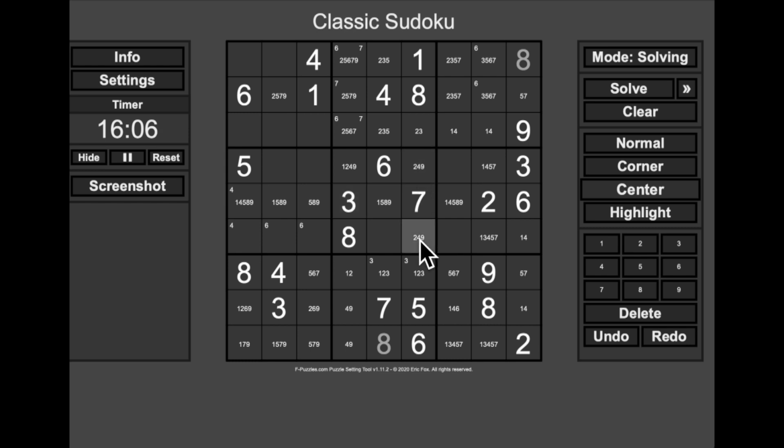So that's a 2, 4, 9. That's a 2, 4, 9. Okay, I've now locked. Let's see. A 3 has to be. Yeah, the 3 rules out all that stuff.